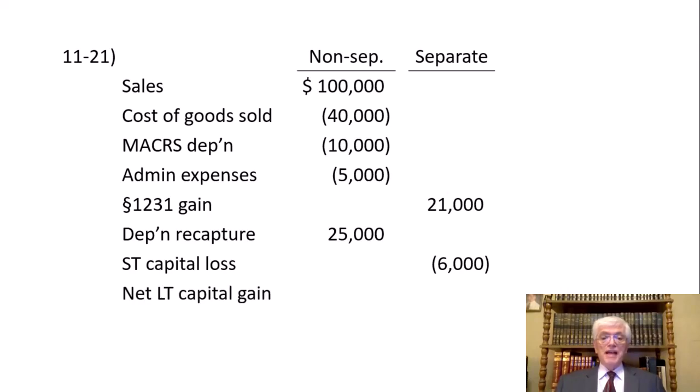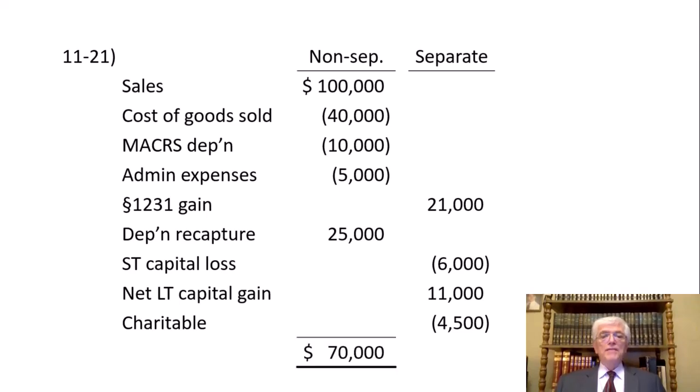So the net long-term capital gain is $11,000. I netted those mainly because I'm running out of room. I don't have enough room on the screen for everything. We only have one more. Charitable contributions, and as we saw before, that is going to be a separately stated item. That's going to show up as an itemized deduction on the stockholder's individual 1040s.